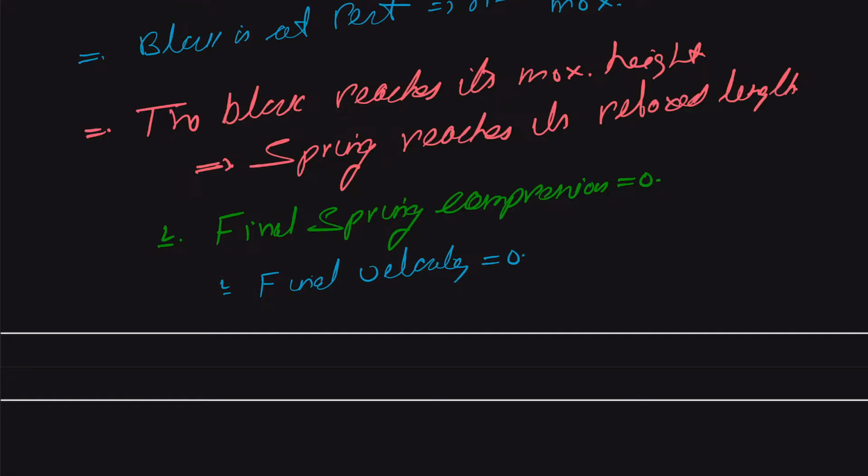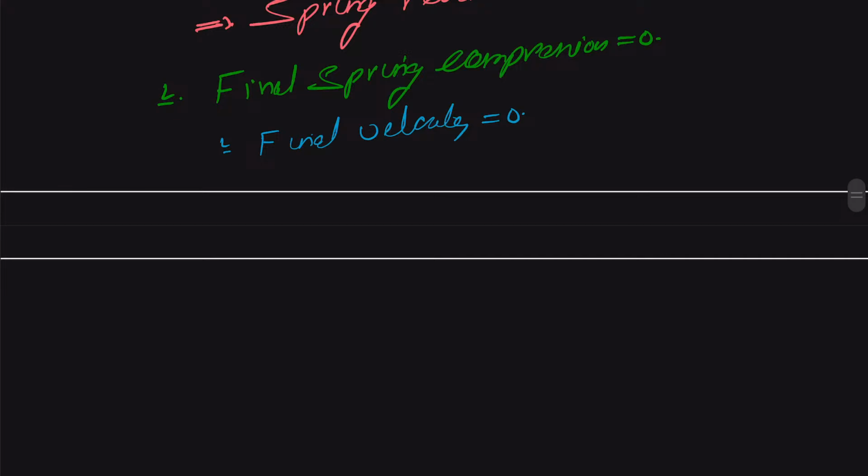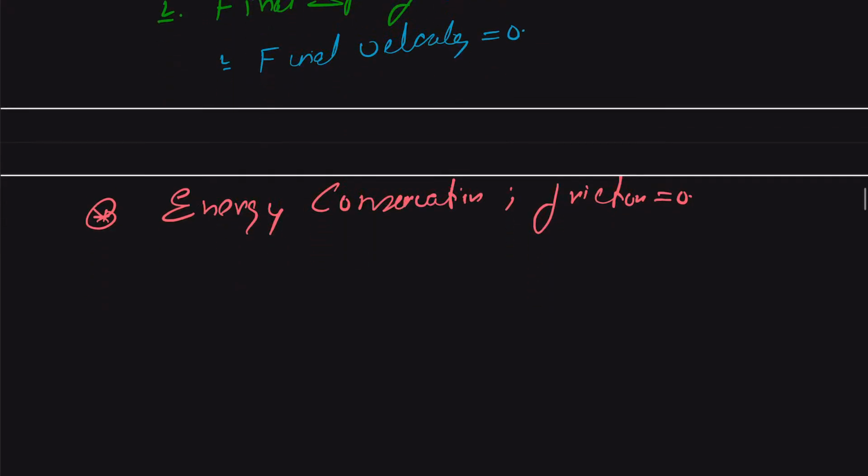Now we can use the conservation of energy law because friction is not present. So we can say energy is conserved because friction is absent.